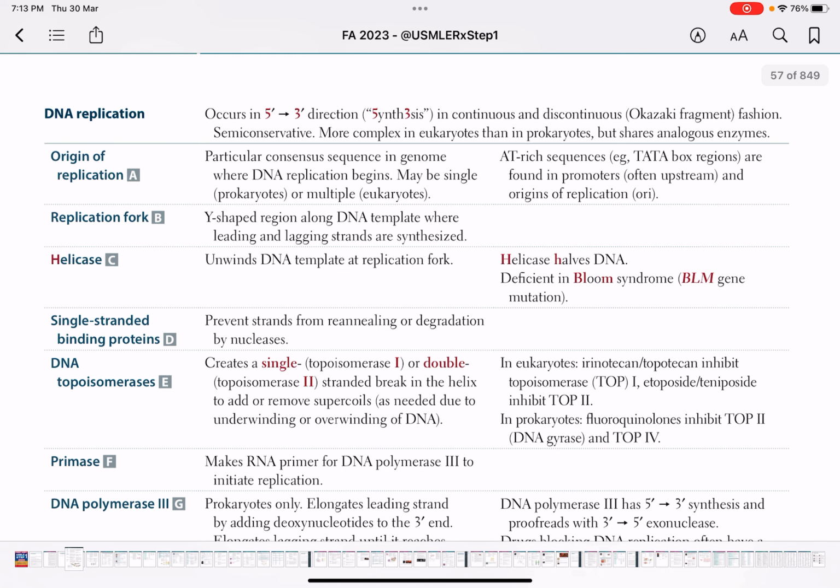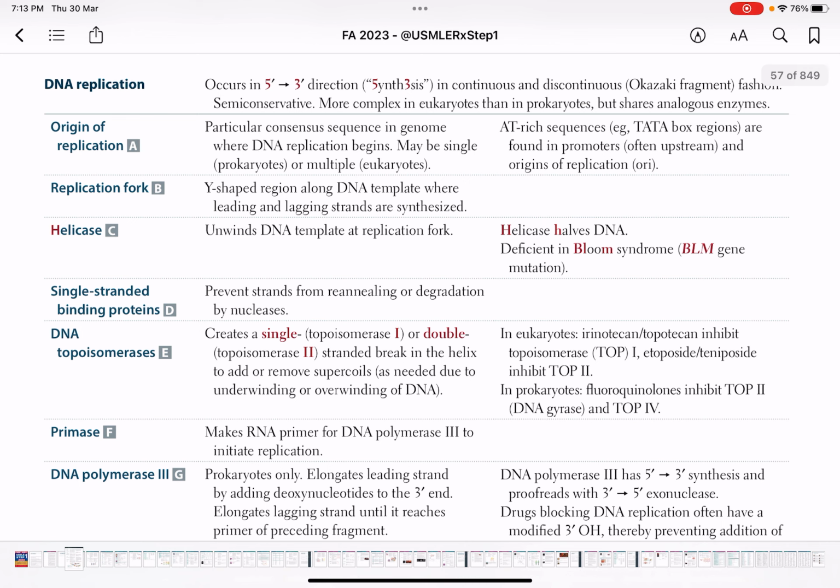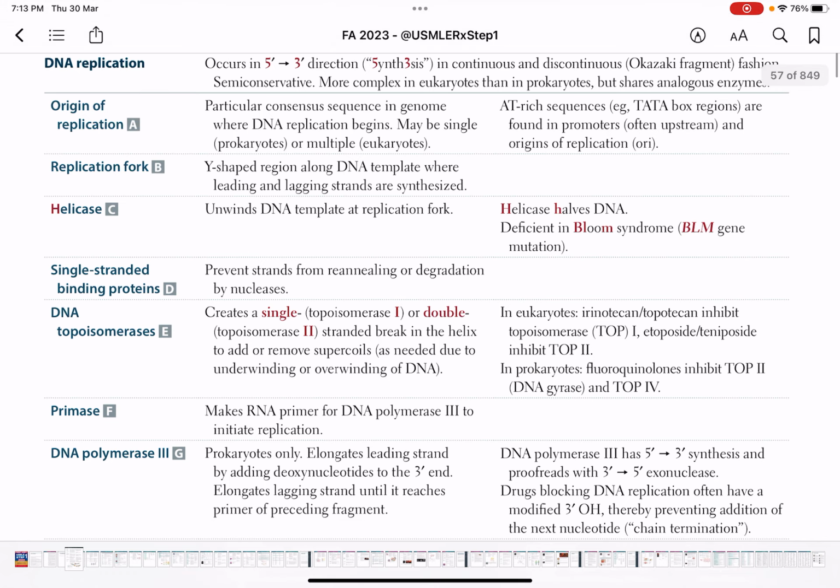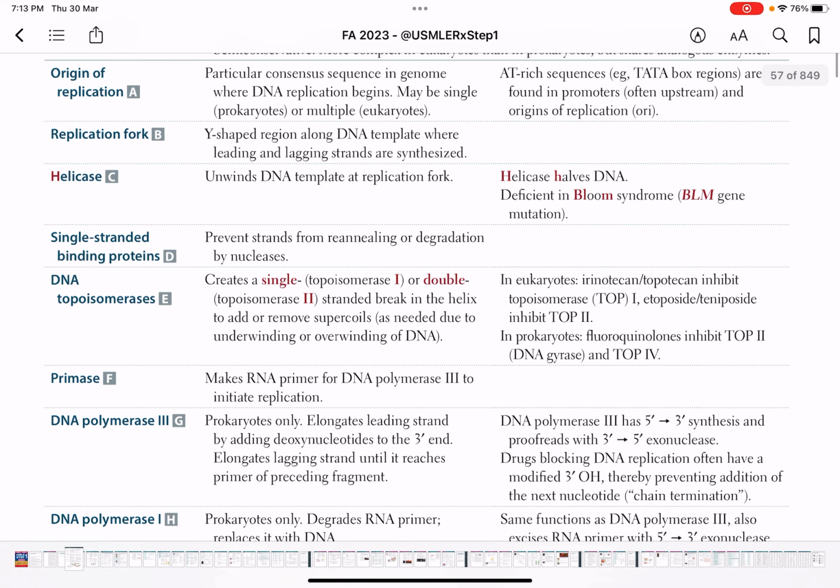Third is helicase, which unwinds the DNA template at the replication fork. It is deficient in Bloom syndrome, BLM gene mutation. Fourth are single-stranded binding proteins, which prevent the strands from re-annealing or degradation by nucleases.